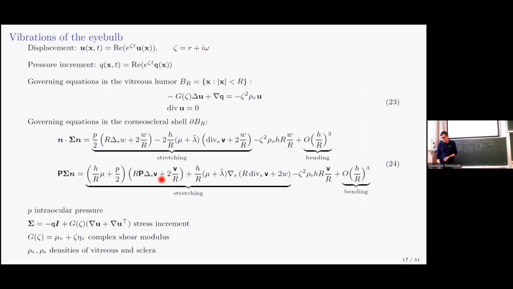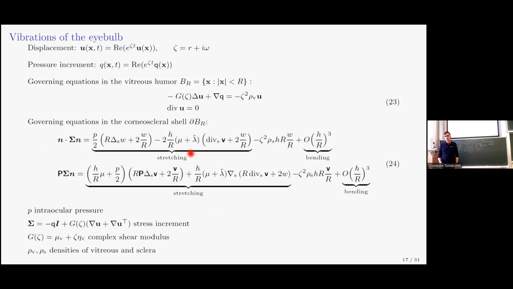And you would agree that it's easier to understand the physics and the origin of different terms by looking at those in this case. In particular, I want to draw your attention to the influence of P. The P that appears here is the intraocular pressure. So you can see that it appears in the same position as stiffness terms.